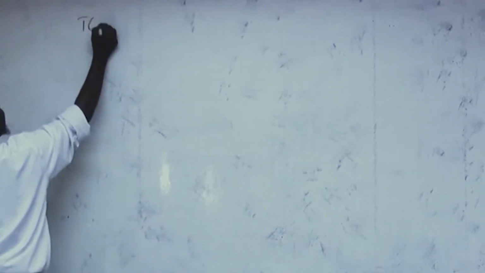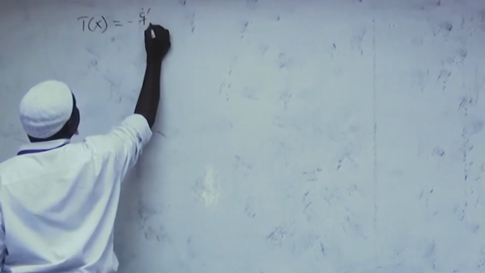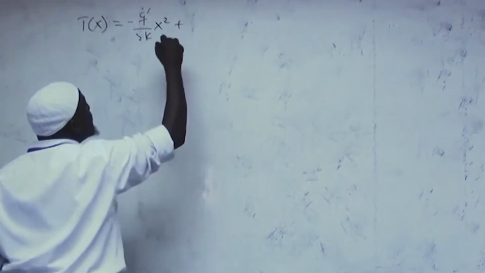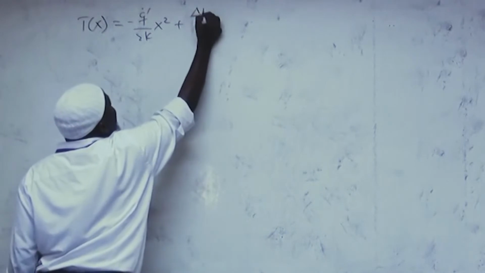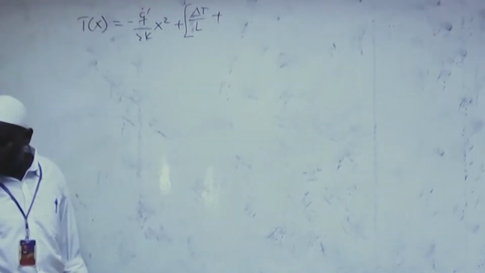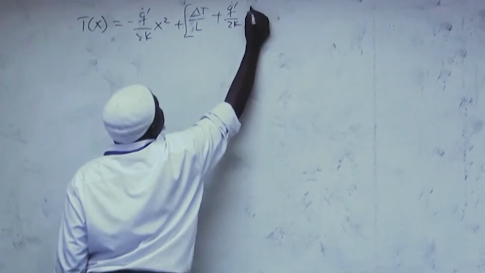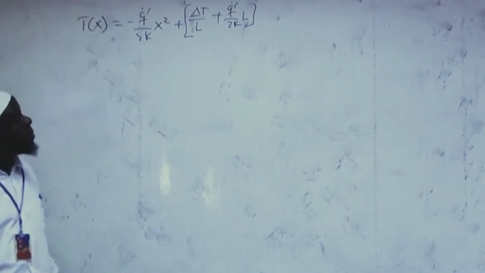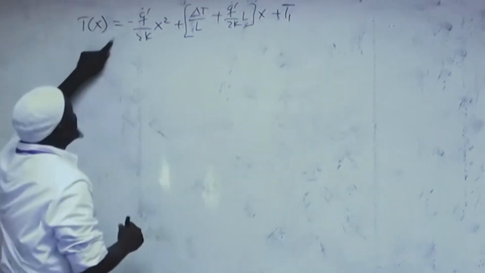T as a function of x equals minus q divided by 2k times x squared, then plus delta T divided by L, plus q divided by 2k times L, times x, plus T1.